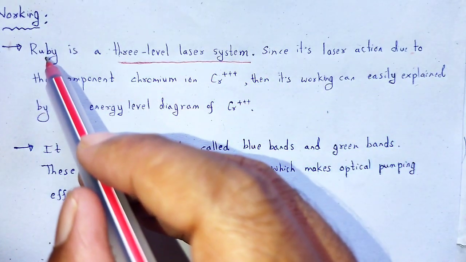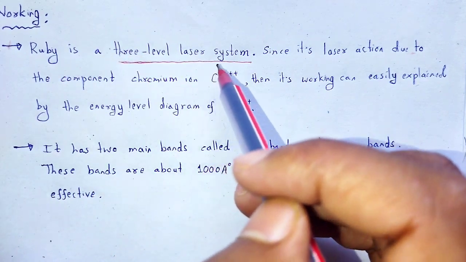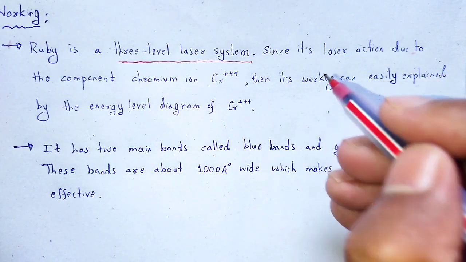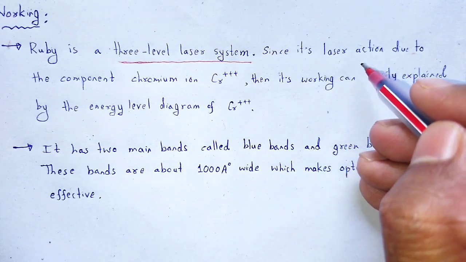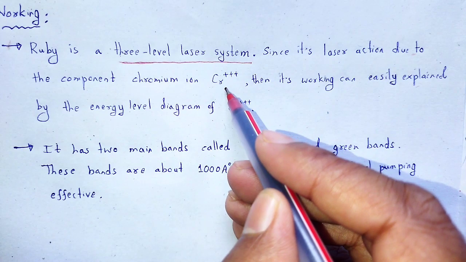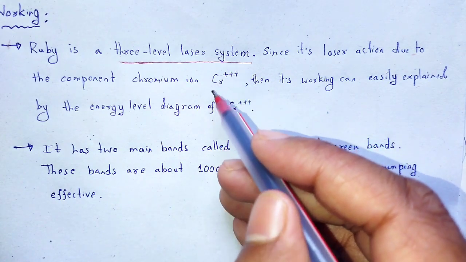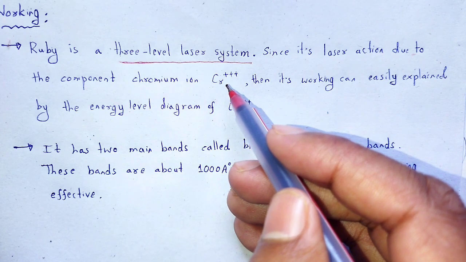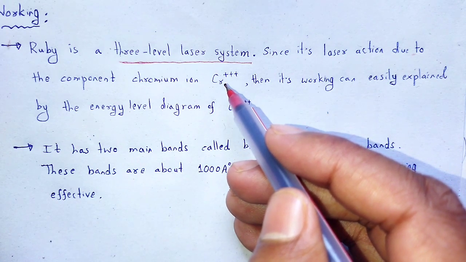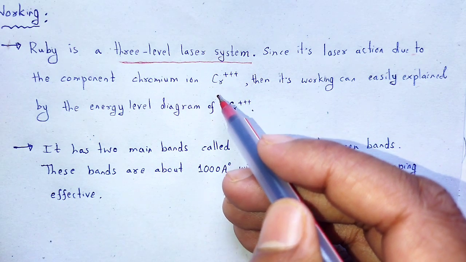So, the basic working of ruby laser is based upon that 3-level laser system. Its laser action is due to the chromium ion, which is doped into the aluminum oxide Al2O3 crystal through which that ruby crystal is made.